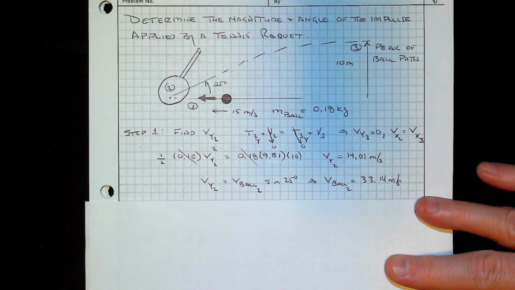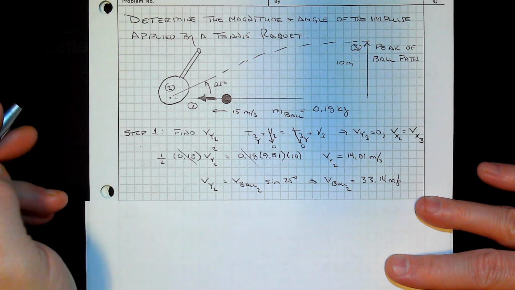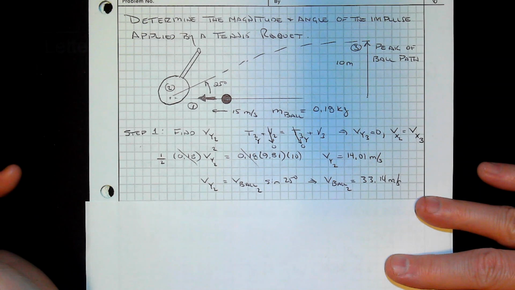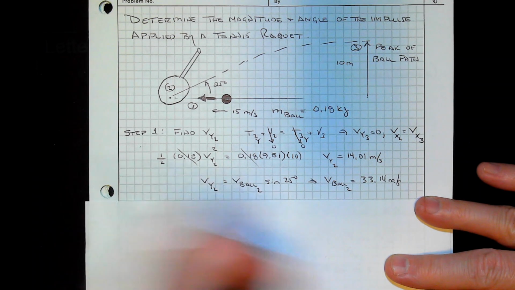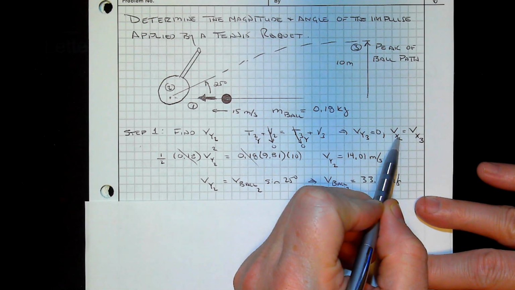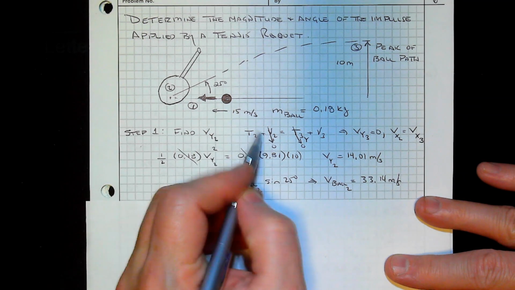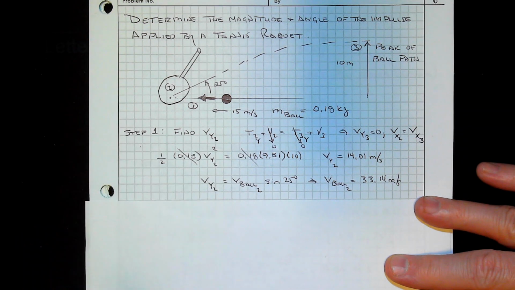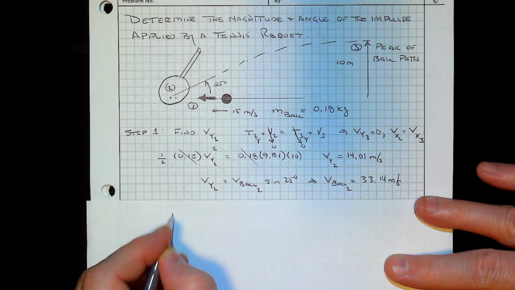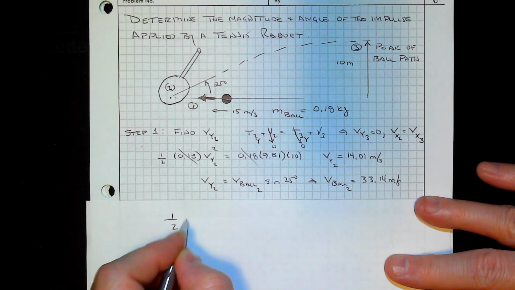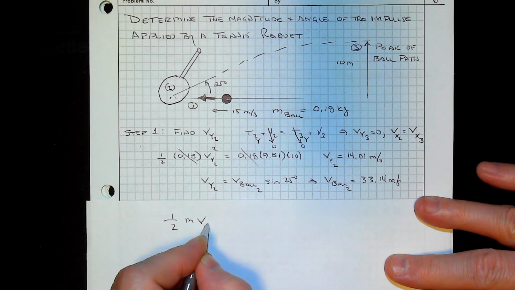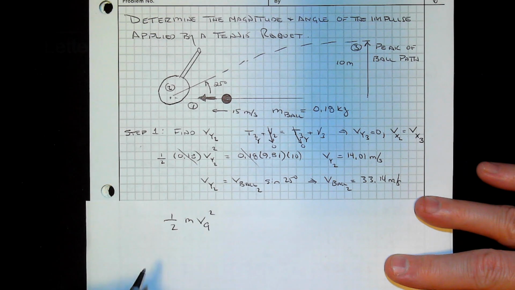And you may be going, oh, wait a second, why did you dump the x? What allowed you to do that? Well, it's really simple. Vx in state 2 and state 3 is the same. So when you think about what the kinetic energy is, let me just write a little note here. In general, it's 1/2 mass times velocity of the center of gravity squared.